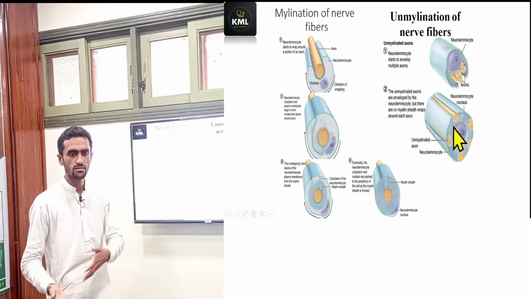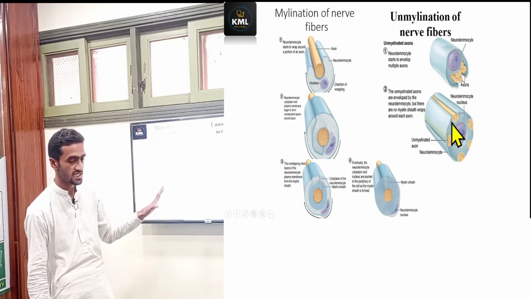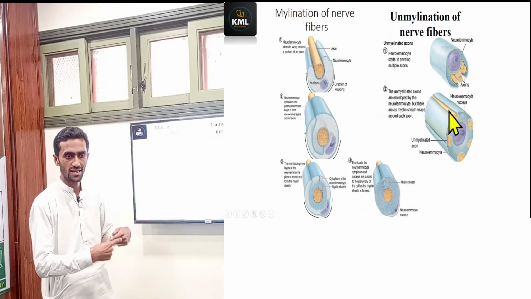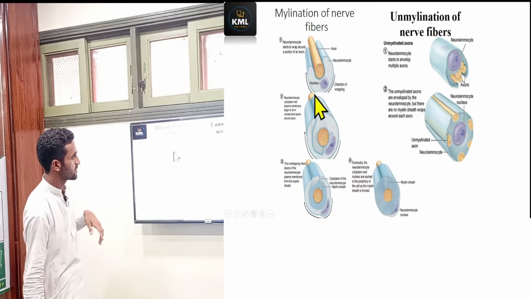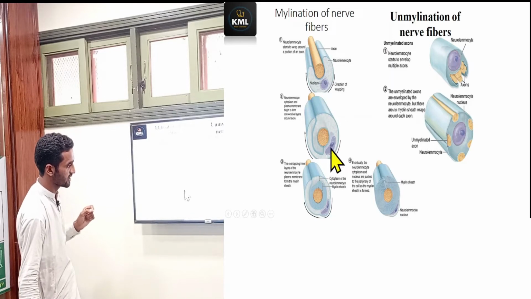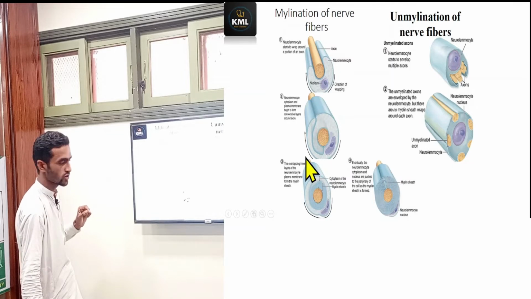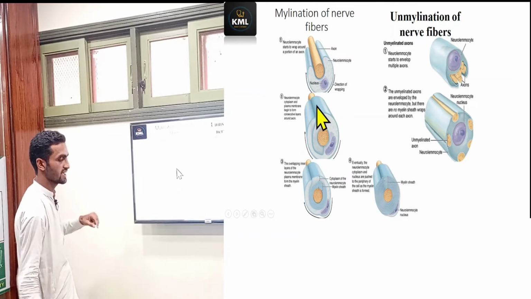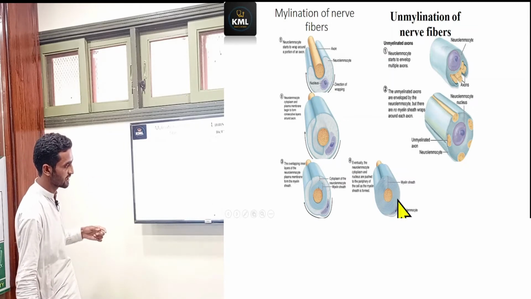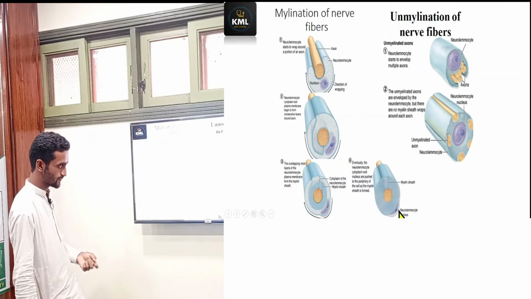In the central nervous system it may be completely unmyelinated, but in the peripheral nervous system they are resting on the myelin but are not completely wrapped by the myelin sheath. Another important aspect: this nucleus is always on the outer aspect. Can you see? They are not coming to the center as the myelination started. So the nucleus always remains on the outer aspect.